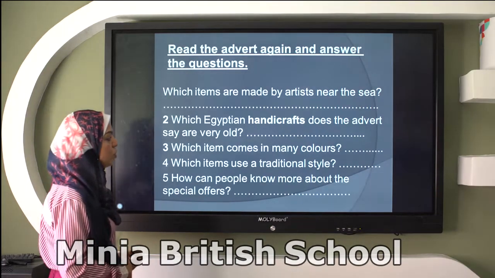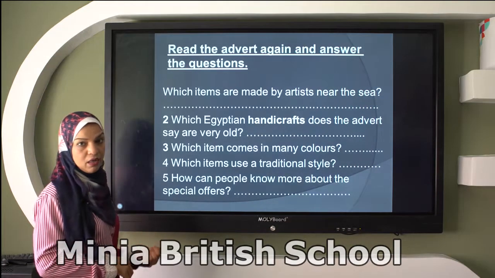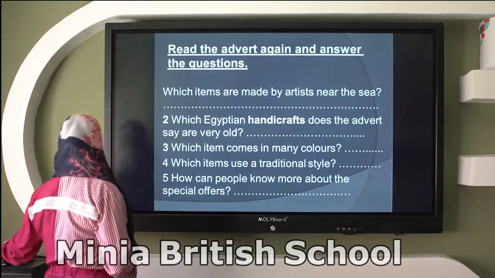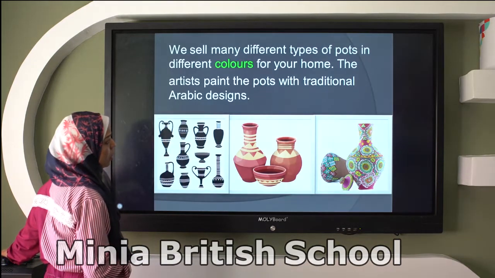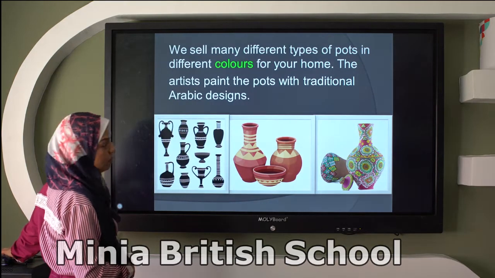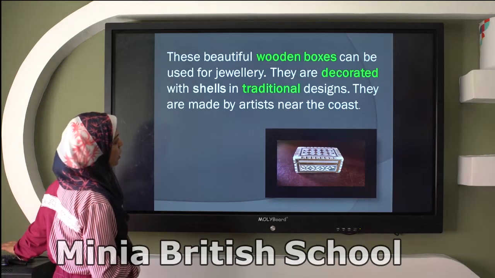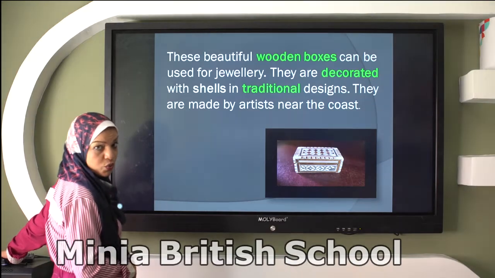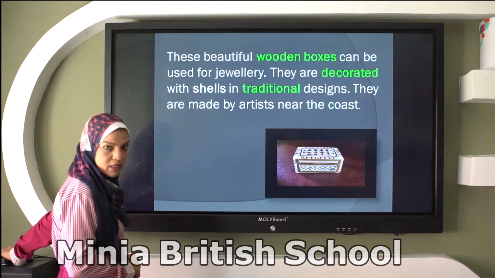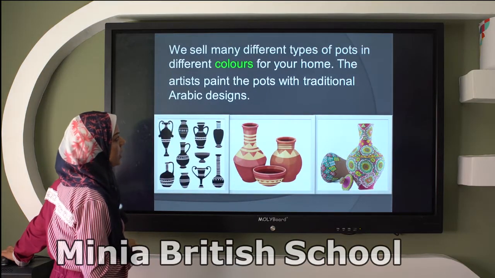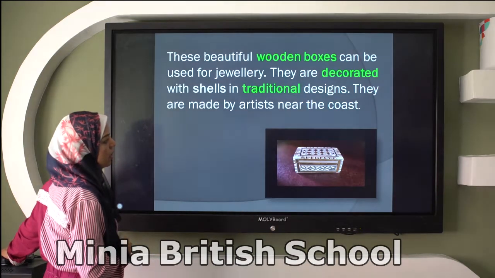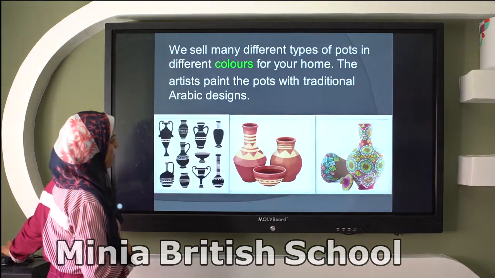Which items use a traditional style? If we went back to the reading, we will find the same answer. Here we've got the word traditional, and here we've got the word traditional. So he wants something that is made traditionally. So we're talking about the pottery and the wooden boxes, okay?